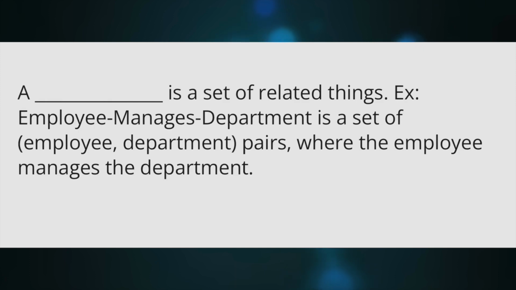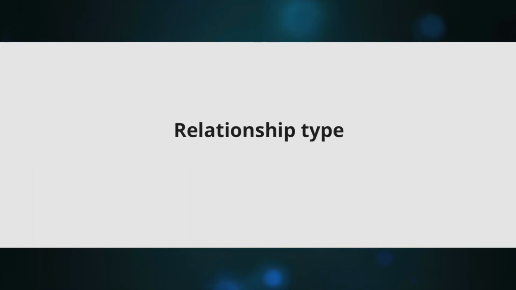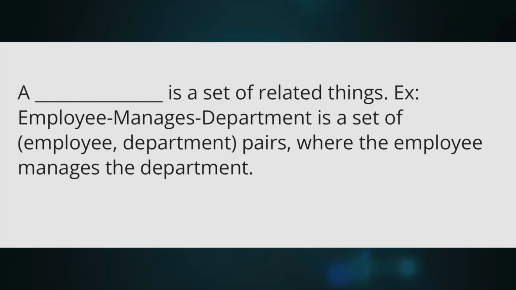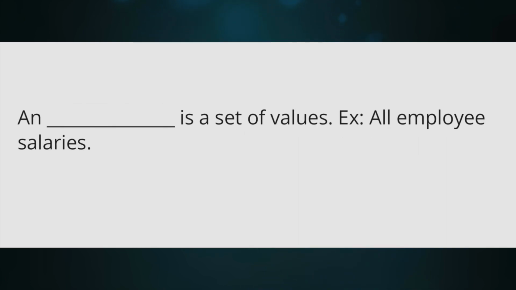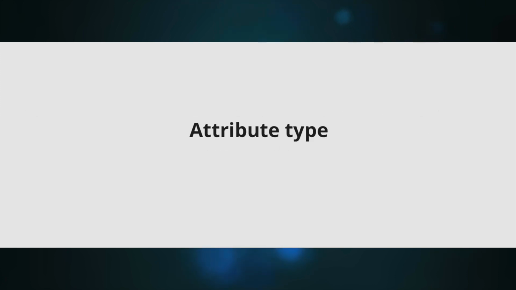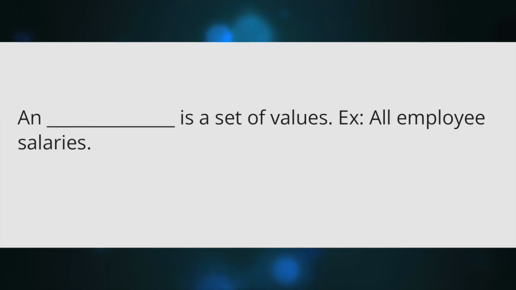There we go. A blank is a set of related things. Employee manages department is a set of employee department pairs where the employee manages the department. So that's relationship type. A blank is a set of values, all employee salaries. So attribute type. Okay, so all employee salaries is attribute type.